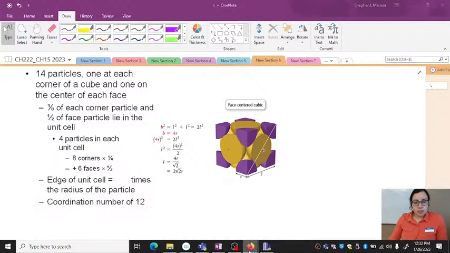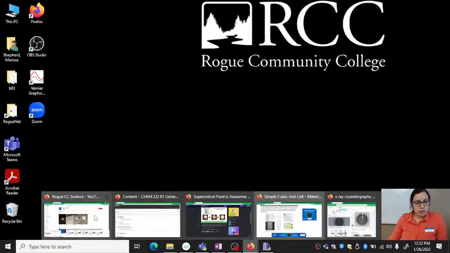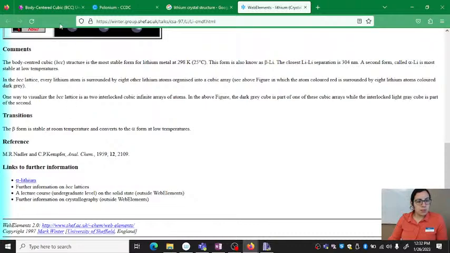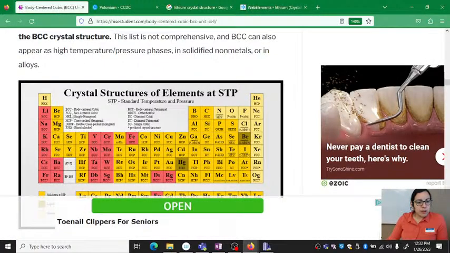Let's go back and look at some other pictures. There we go. So then we want to find a face-centered cubic example. So it looks like calcium.